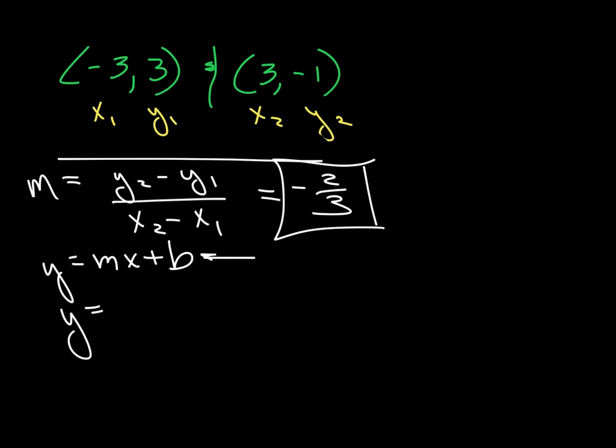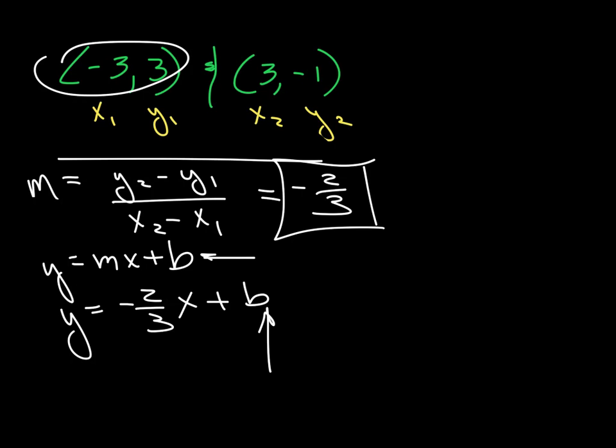We have y equals -2/3 x plus b, where -2/3 is our slope. So we're looking for that. How do we find that? Well, we have 2 points here, and in each one of these points, we have an x and a y. So we take one of these points, it doesn't matter which one. Let's just take the first one.